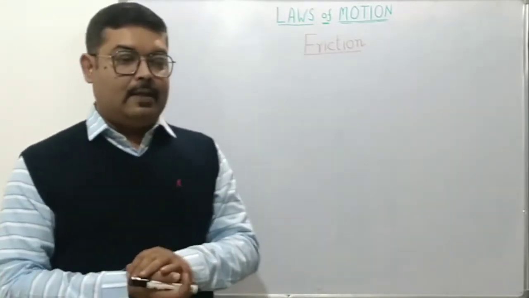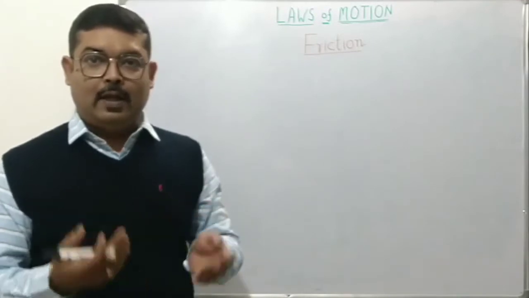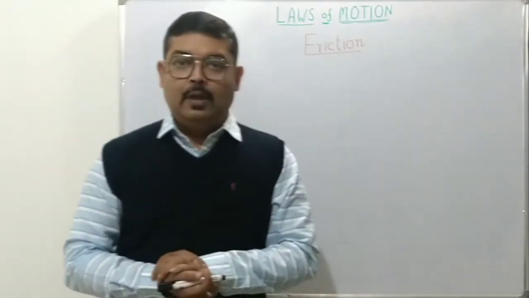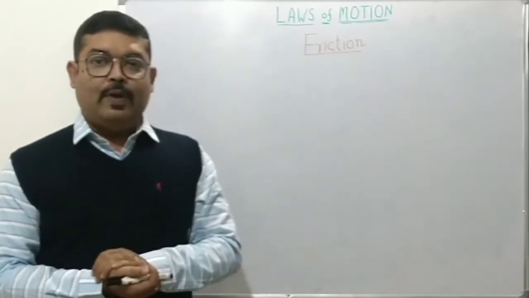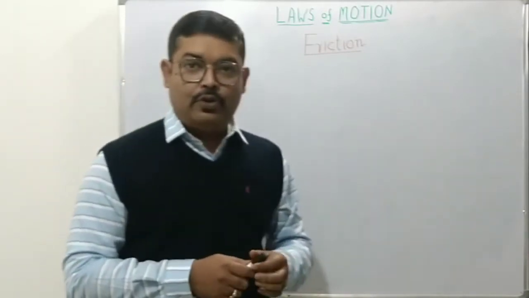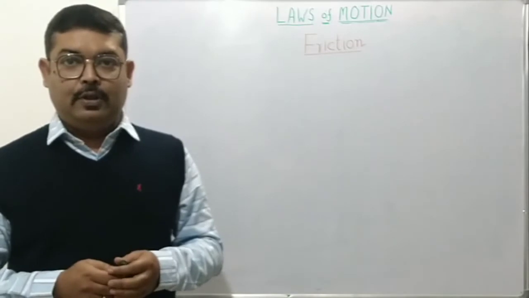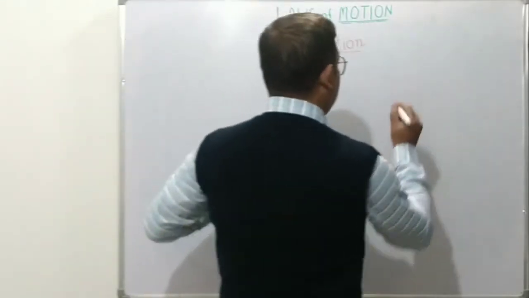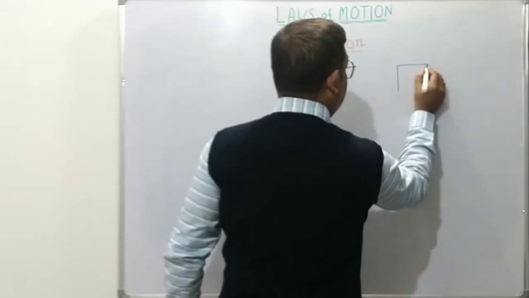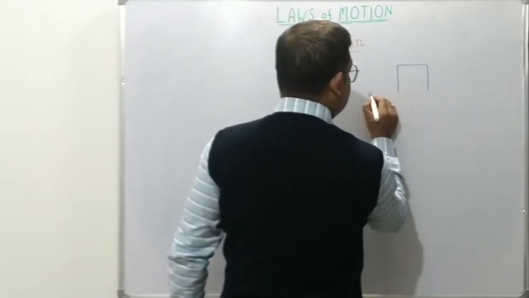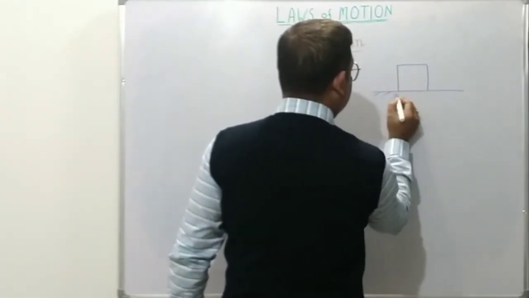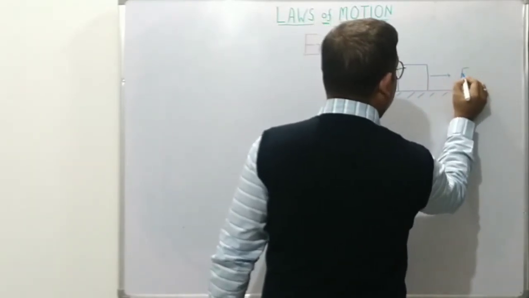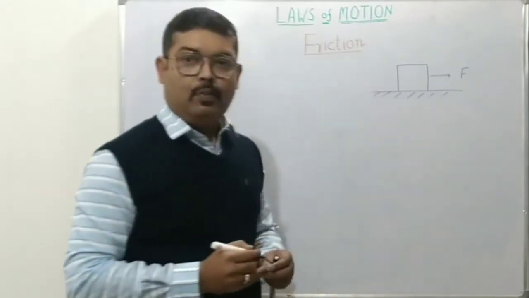The fact is that the objects that we encounter in real life have a certain property known as friction. Now, what happens is that whenever you apply a force to create a motion, say we have a block resting on a surface and we apply a force here to accelerate the block.